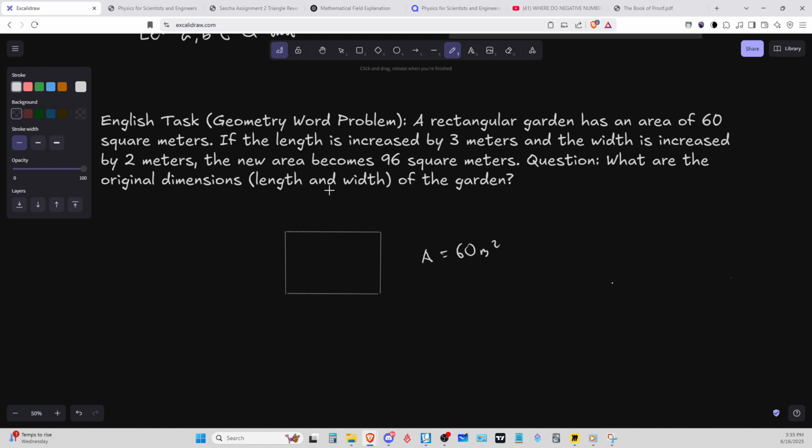And let's label this, basically we'll just label it X and Y for the length and the width. And if the length is increased by 3 meters and the width is increased by 2 meters, the new area is okay. So we can draw a bigger rectangle.